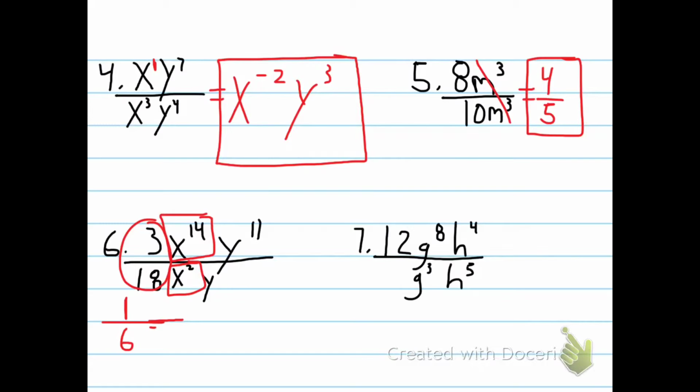So you get x to the 12. You have to make sure to put the x's on this side, because if you don't, it will be wrong. So remember to look out for that. And then for these exponents too, you would get y to the 10. So you have to put it on this side of the fraction.